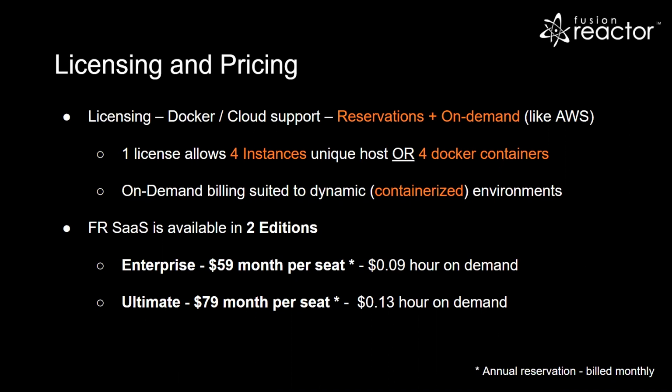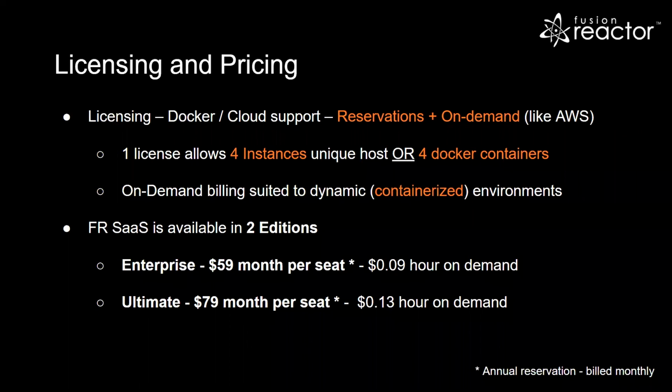And FusionReactor Cloud comes in 2 editions. We've got the Enterprise Edition, which is $59 per month per seat, or 9 cents per hour for on demand. And we've got the Ultimate, which is $79 per seat, or 13 cents for the on-demand licensing. And the 59 and the 79, those are based on an annual reservation.